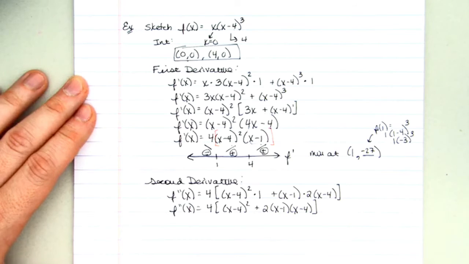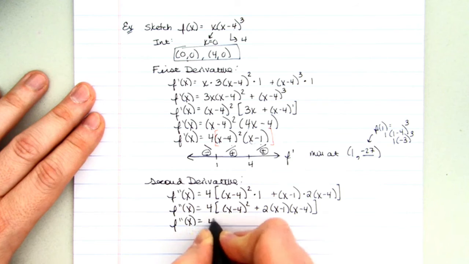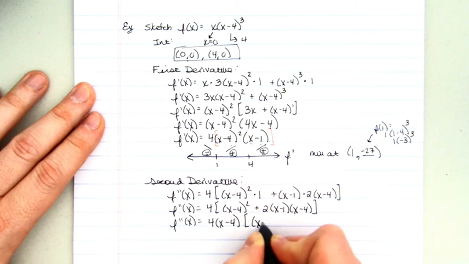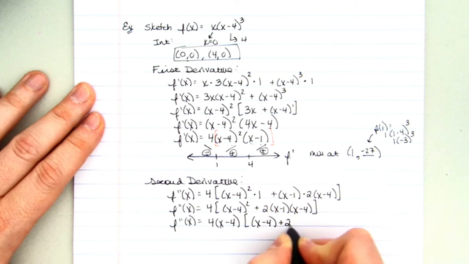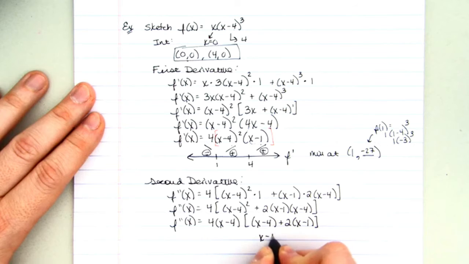I think I can factor out an (x minus 4). I'm left with an (x minus 4) plus 2 times (x minus 1). Distribute and combine like terms.